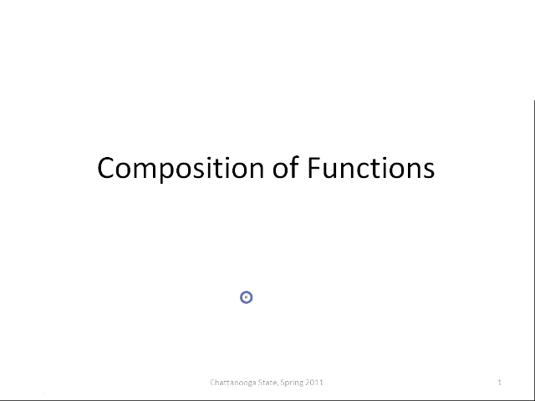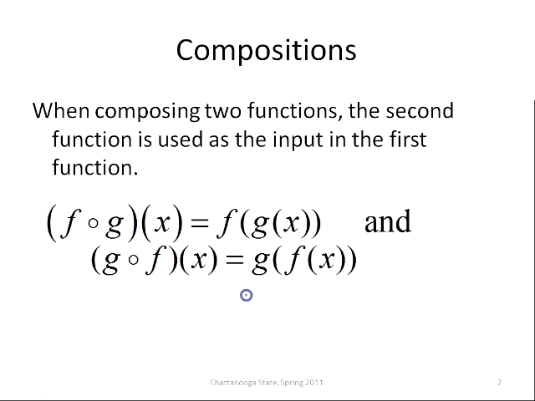Composition of functions. When we talk about compositions of functions, we're actually using one function as the input into another function. So one function is actually composed or made up of the other function.